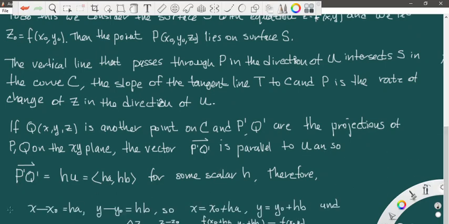Therefore, we can conclude that x minus x sub 0 is equal to h times a, and y minus y sub 0 is equal to h times b.